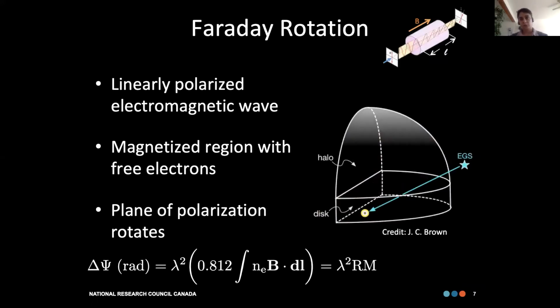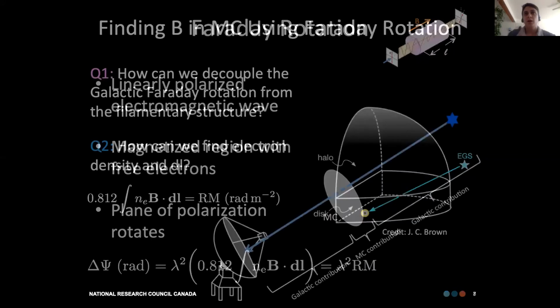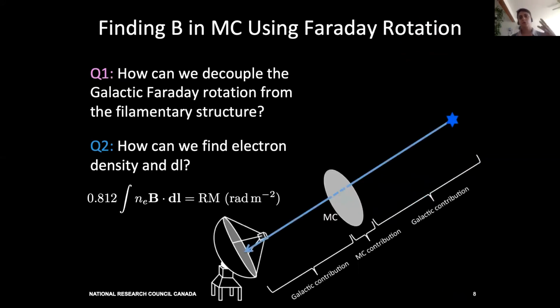So for this method that I'll be talking about, we use extragalactic sources as point sources that provide the linearly polarized light for us. And the interstellar medium is the region where the Faraday rotation occurs. So now, to use Faraday rotation for molecular clouds, we have to answer two questions.